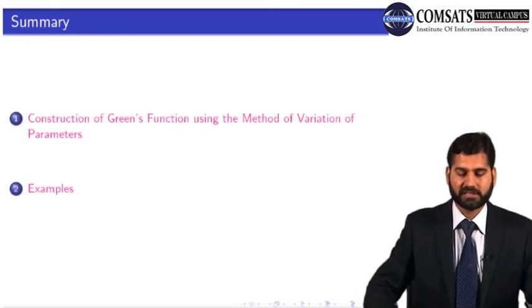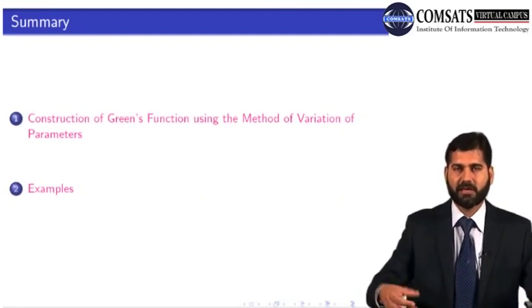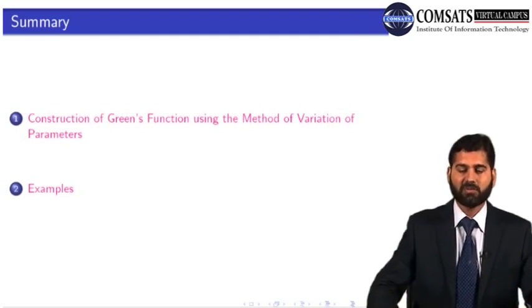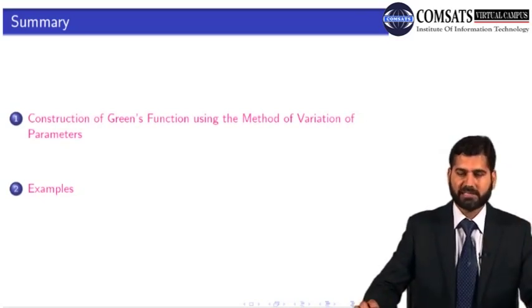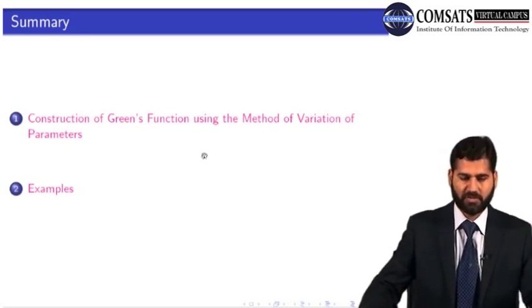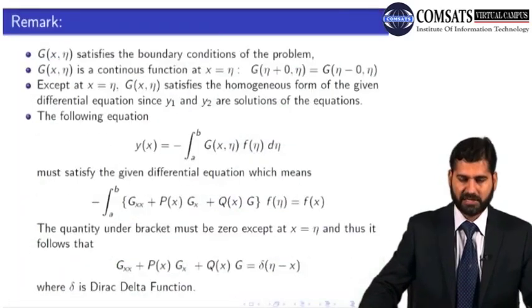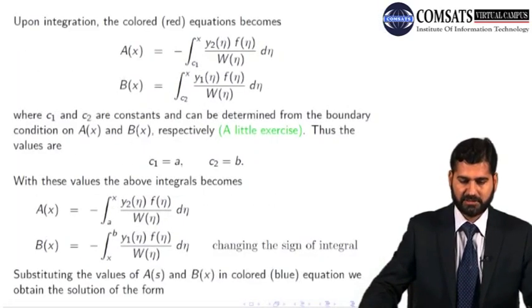Basically, we constructed the Green's function the same way as we did in the last lecture, but we used the method of variation of parameters to obtain the particular solution of the differential equation with the help of the Green's function. So let me go back and give you that idea here.